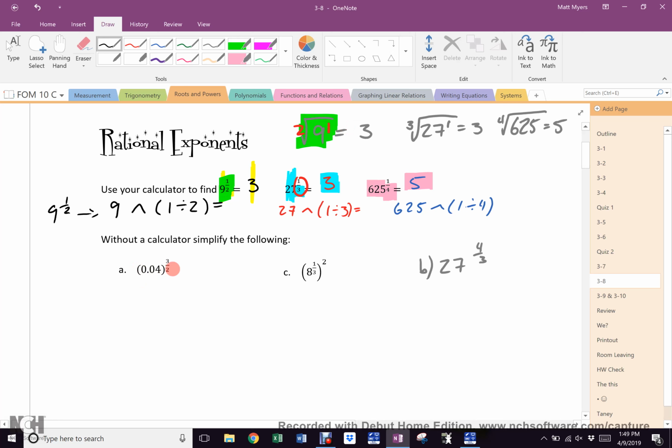What's the base here? 0.04, right? So what's the radicand going to be? 0.04. Where did the denominator from the exponent end up? The index. Where did the numerator from the exponent end up? Power.